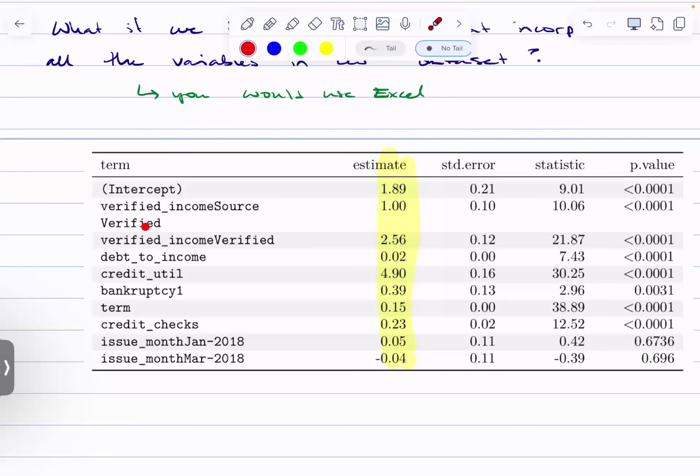This is split over 2 rows. It shouldn't be. I think they should have made it wider. But anyways, this is income source verified.